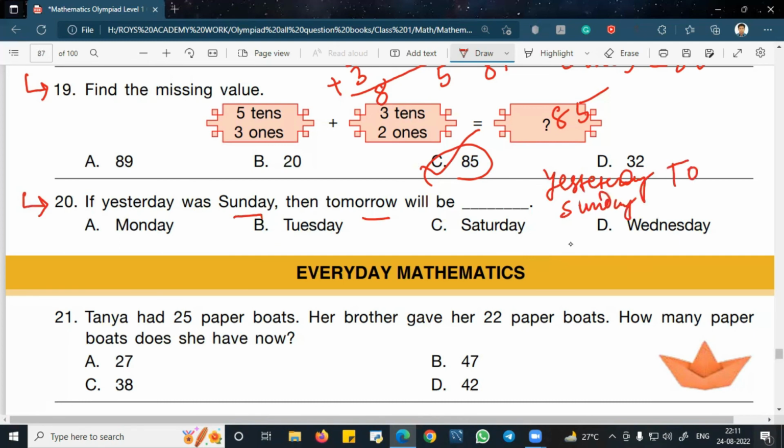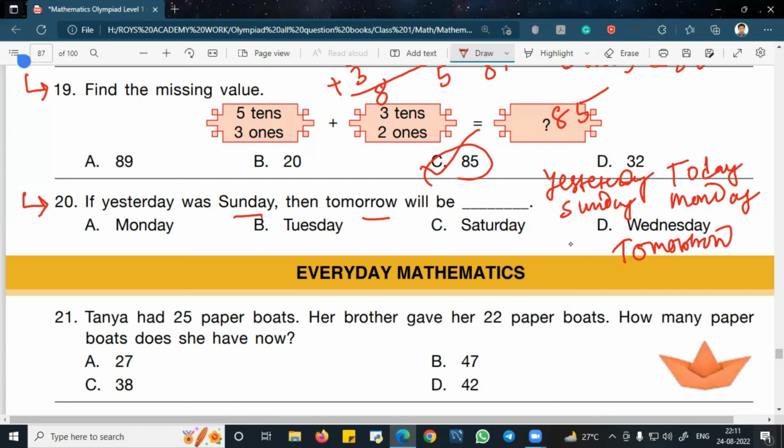So guys, tell me what will be today. After Sunday there will be Monday. Sunday is our holiday. Our school is closed at that time, and our school starts from Monday. So today is Monday, and tomorrow is the next day after Monday.